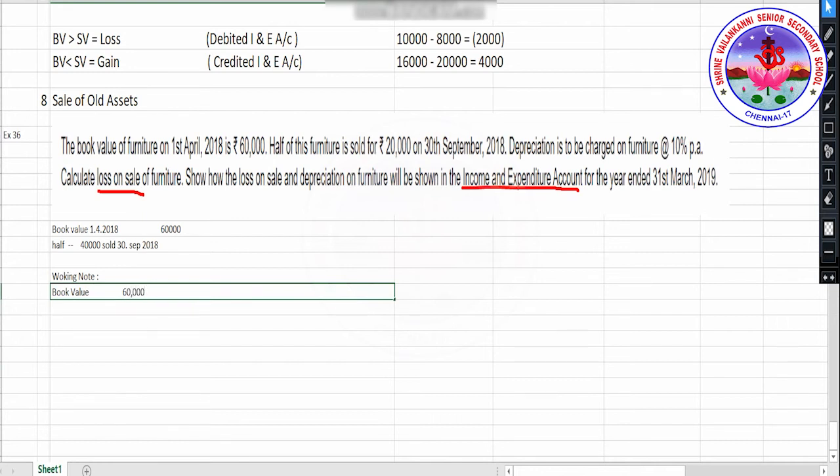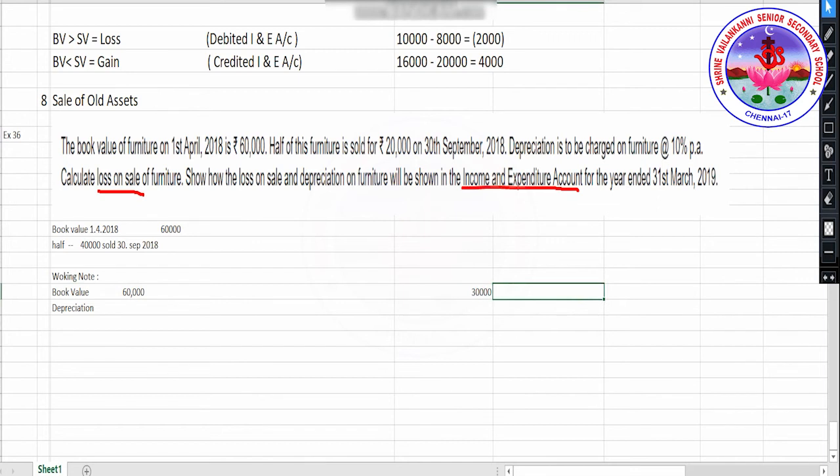Now, for depreciation, we need to do one thing. I'm splitting this into two parts.